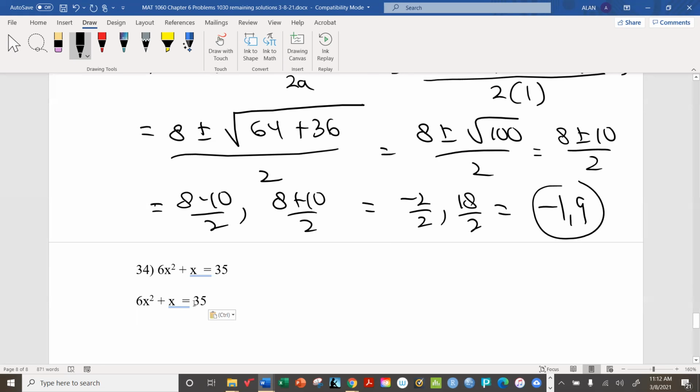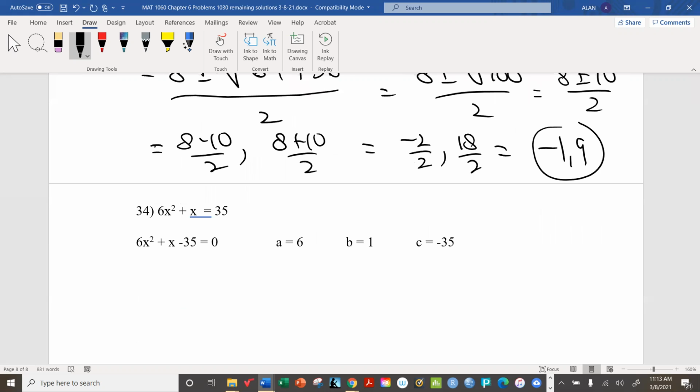So we've got -35 equals 0. And that means that A equals 6, B equals 1. There's an implied 1 coefficient for X, and C is -35. Okay. All right, let's check this out.